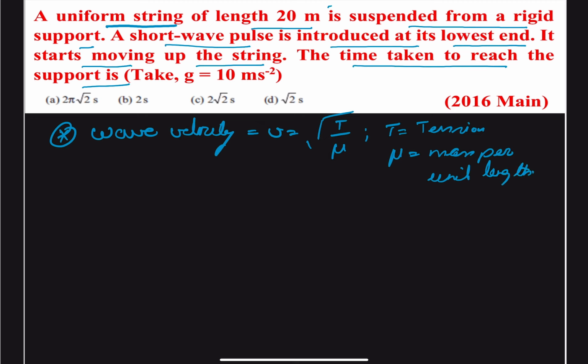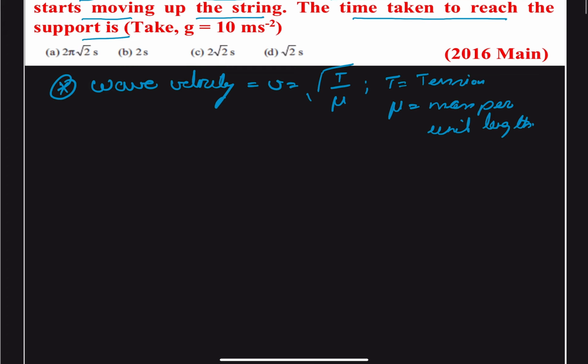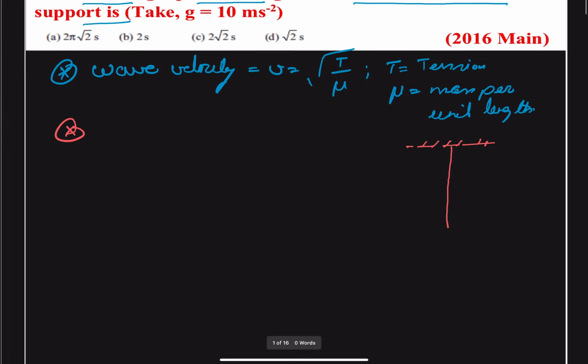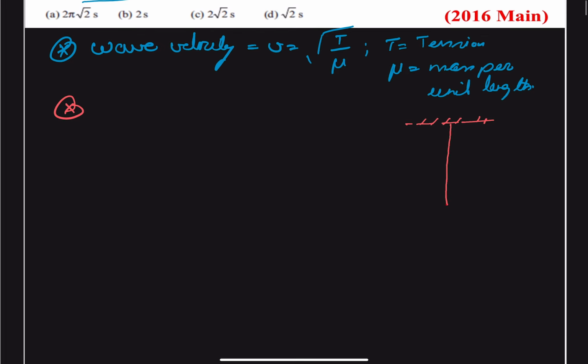So in this case, we assume, let me draw an approximate diagram. Suppose this is a support and this is the string, and here we assume a point P which is at a distance of x from the bottom side, that's the free end of this string.